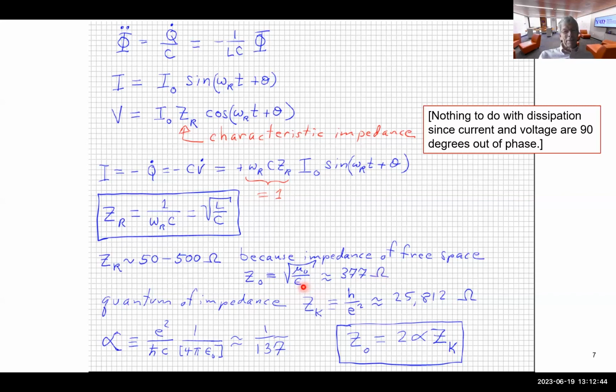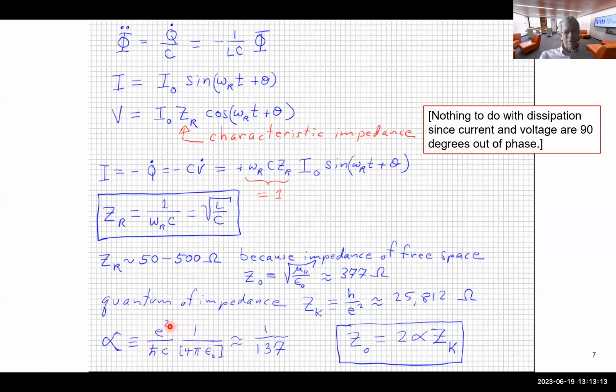In quantum physics, there's a characteristic quantum of impedance, the von Klitzing constant, h, Planck's constant, divided by e squared. It's about 25,812.80 ohms. And there's another important dimensionless quantity related to this, the fine structure constant, which you don't normally see.